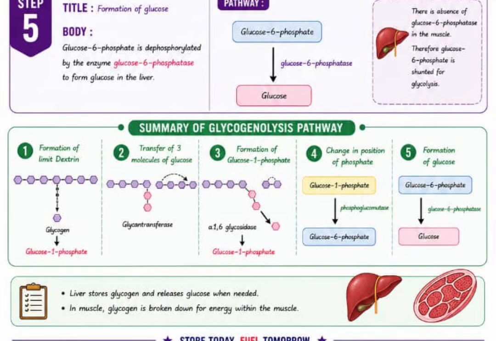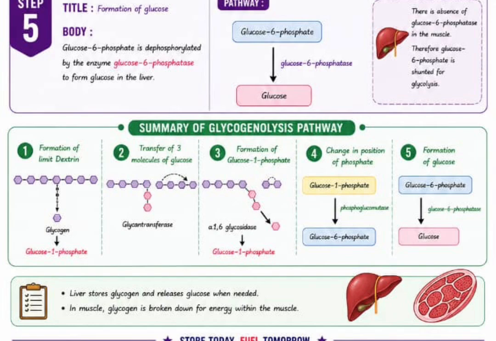So the liver is the place where you store glucose and where you break down glycogen. You store glucose as glycogen and you break down that glycogen to form glucose. It's that simple. Again, let us say we have 14 residues joined by alpha 1,4 and 10 joined by alpha 1,6.